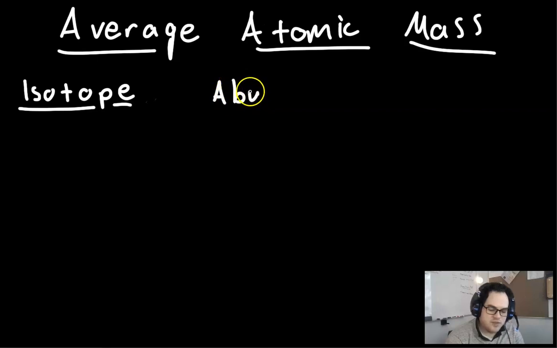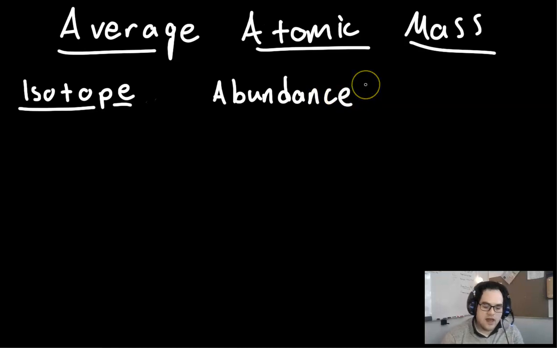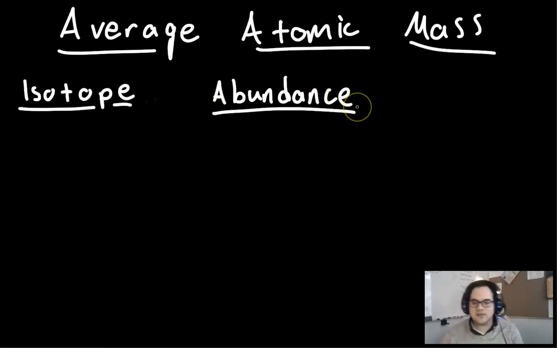Abundance means how frequent and how often we see an isotope in the world, how often we can dig it out of the ground, how often we can find it. This is typically figured out by taking a sample and using that as a general average compared to how often we find it compared to samples of other isotopes of the same element.